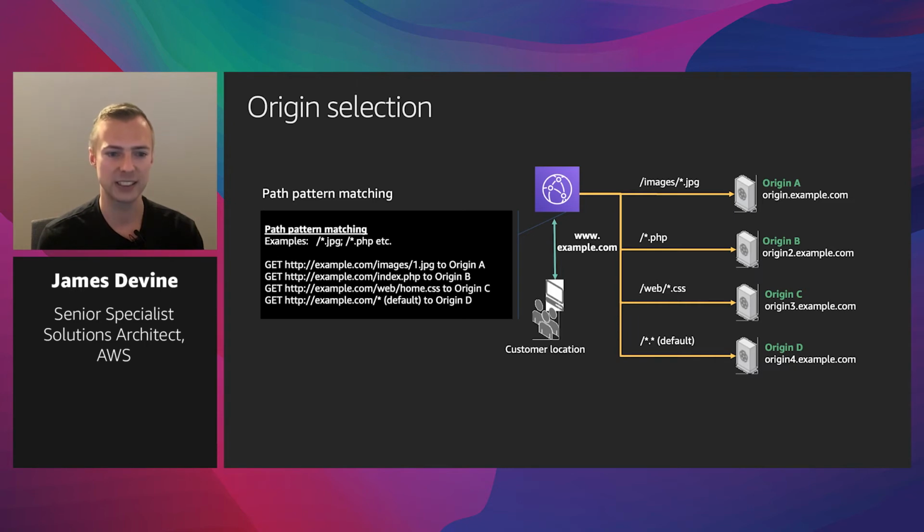So if I request a header.gif, there's no rule for a GIF, so that would default to origin D, and we could have that be a 404 page. So we're able to build out complex flows through multiple origins, and this is all unbeknownst to the user. This is all on the AWS side, and can have different controls and mechanisms around deploying each of those elements.